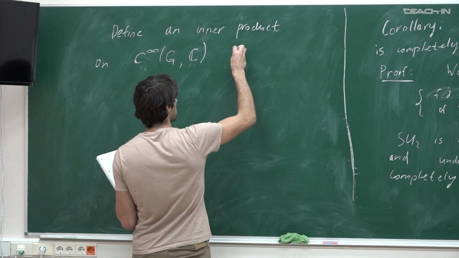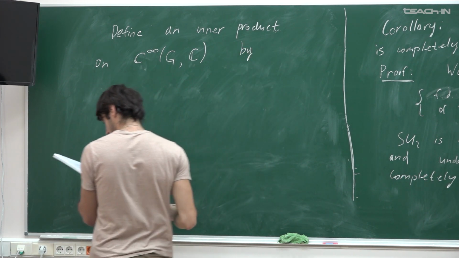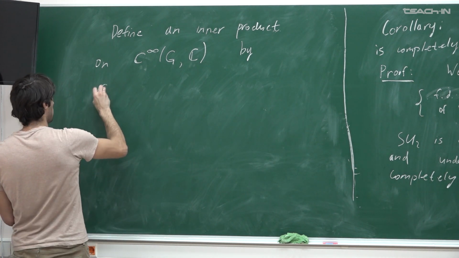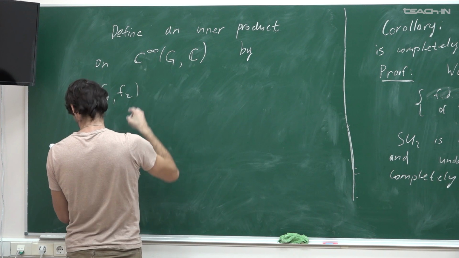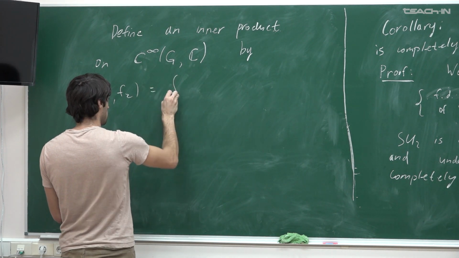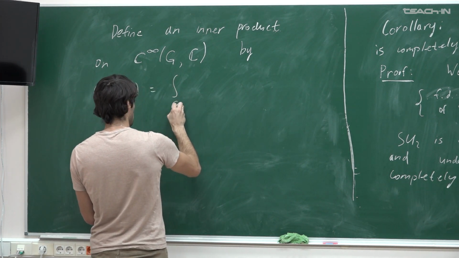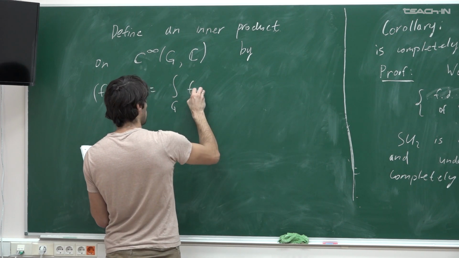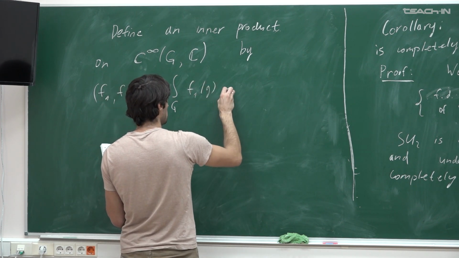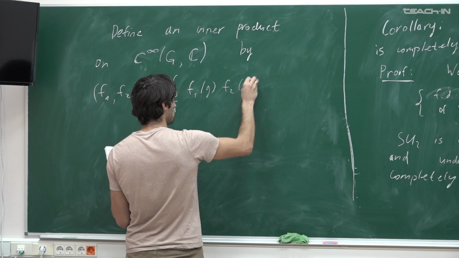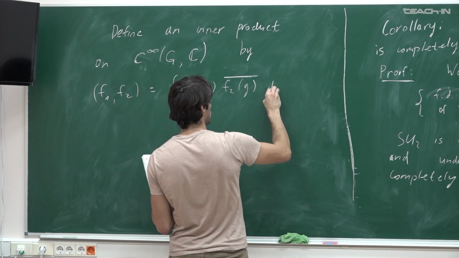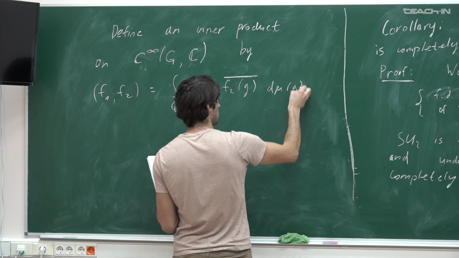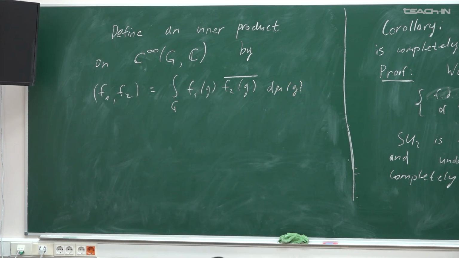So I define it by the following. I have F1, F2, elements in here. By definition, this is the integral over G of F1 of g, F2 of g conjugated, d mu of g.